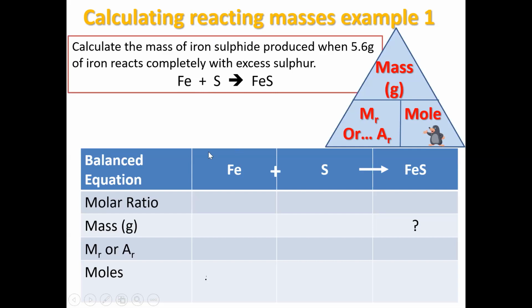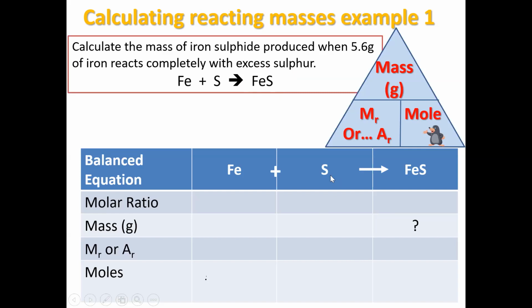The first thing that you do, as shown by the previous slide, is draw your table as shown. Then stage number 2 is that you include your balanced equation in the top row, and then the molar ratio in the second row. So you can see the molar ratio would go down below.